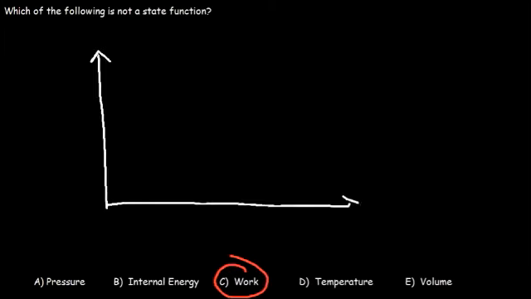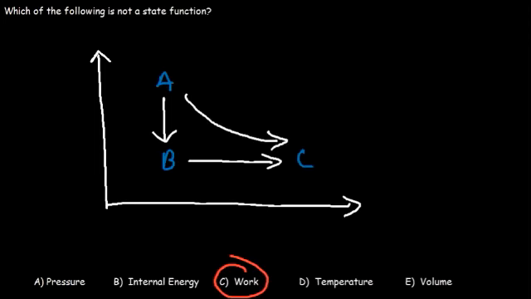Let's say we have a PV diagram, and let's say we have 3 points, point A, B, and C. The work that's required to go from A to C by means of B is going to be different than the work required to go from A to C directly.